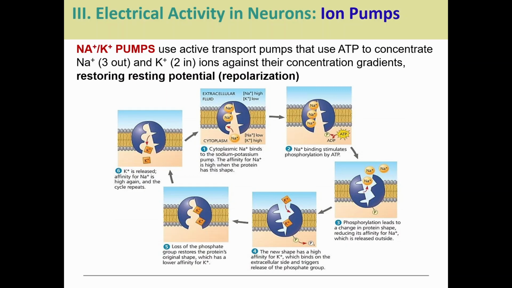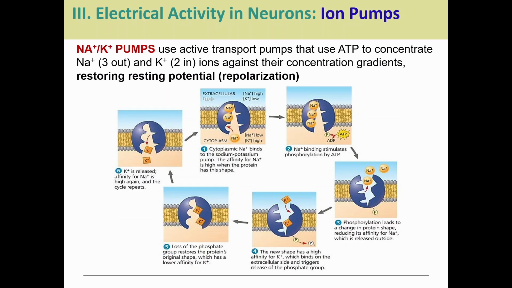This is to help repolarize the cell to get back to our normal resting potential, because if you notice, we're moving 2 positive things in, but we're kicking 3 positive things out. So every time this pump goes, right, we're losing 1 positively charged ion. And that's going to help us reestablish that negative charge, because we're going to be pumping more positive things out compared to the positive things we bring in.